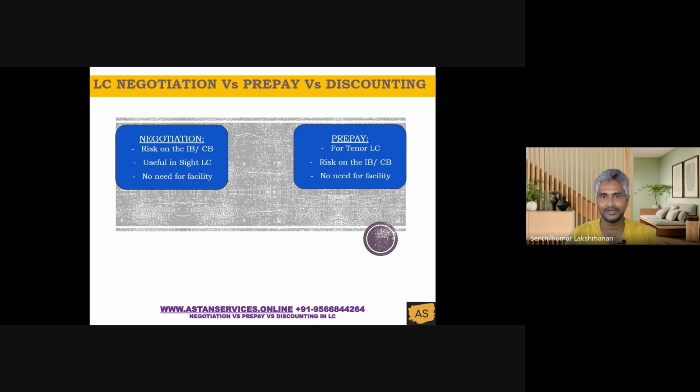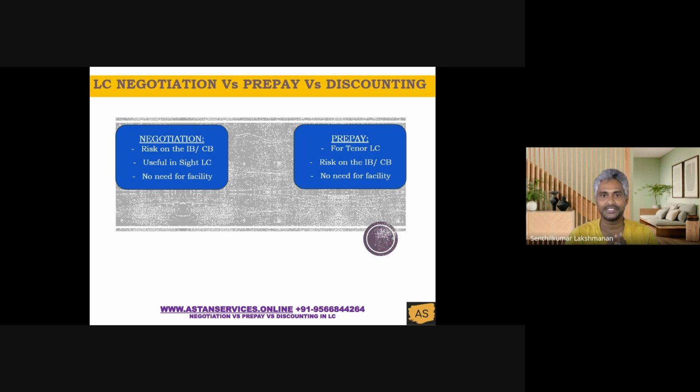So there should be an arrangement covered under UCP 600, even if it is not a negotiation LC, that the nominated bank can still do the prepayment, purchase the documents, and make the money available upfront to the beneficiary. Here they are not talking about sight LCs, but under negotiation, you can even do a sight negotiation. These are two concepts which look very similar but are slightly varied.